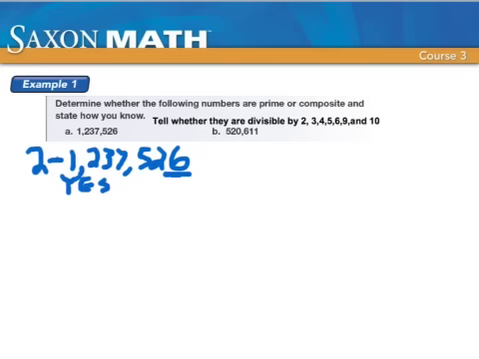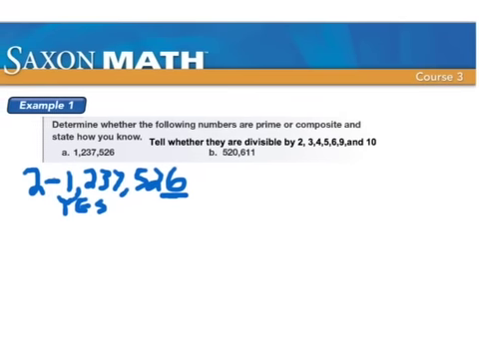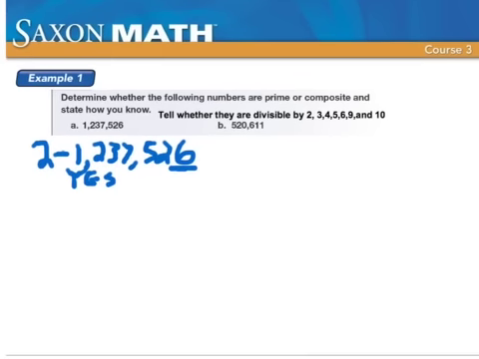So right there, it's divisible by 2. So we know it can't be prime because it's divisible by 1 and itself, 1,237,526, but it's also divisible by 2. This is all we need to do.